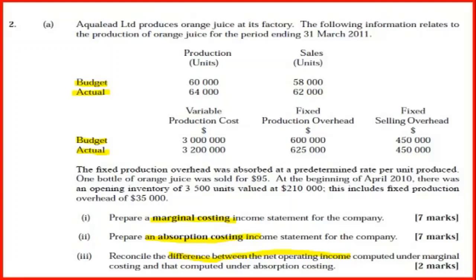So what we'll do, we will prepare the actual. We will be using these figures here, right? Because we are told how much they have in opening inventory and how much was, we can get how much was in closing inventory here.